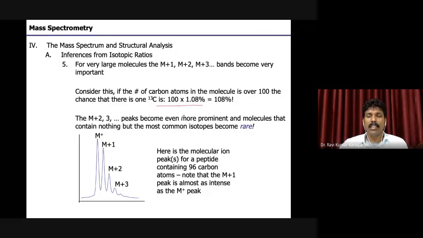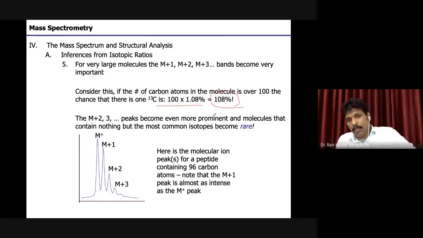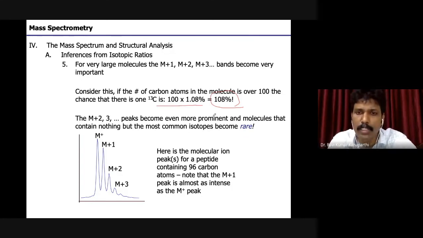The intensity of the M+1 is going to be much higher than the molecular ion, right? Why? Because you multiply the number of carbons by the relative abundance, and accordingly you get it. So this principle can be extrapolated to other species as well, M+2, M+3, M+4, and M+6.